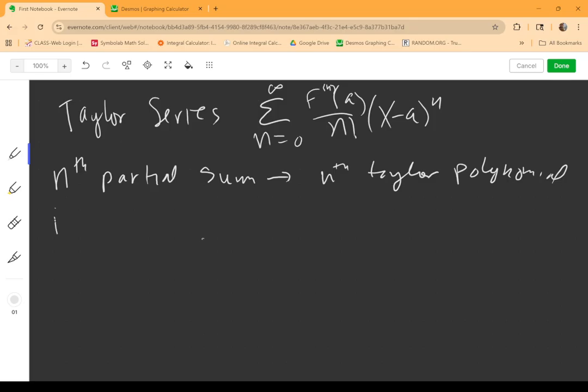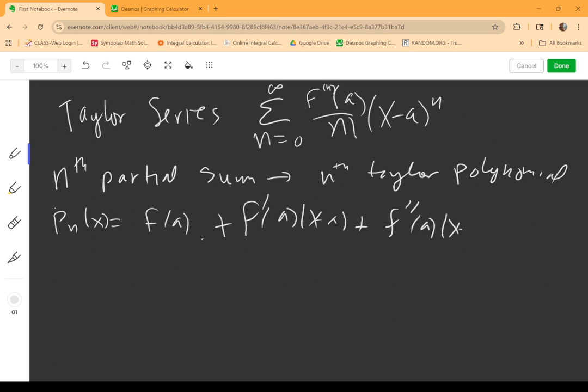P n of x is defined as f of a, whatever the center is, plus f prime of a, x minus a, plus f double prime of a, x minus a squared, etc.